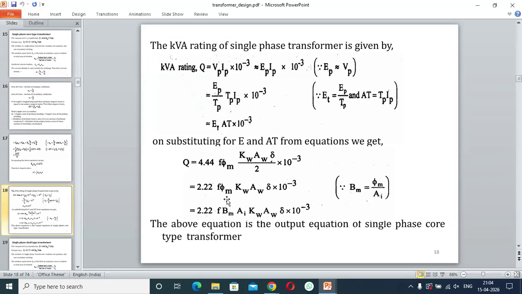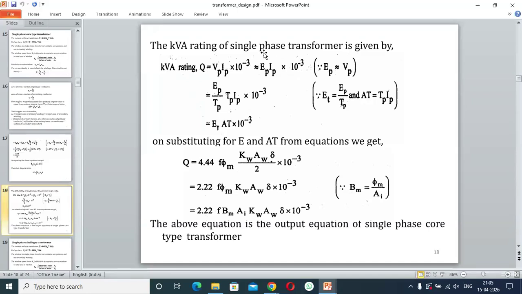Now we change this phi m, the flux, with flux density and area, so that will become 2.22 f Bm Ai kW Aw delta multiplied by 10 power minus 3. So the above equation is the output equation of the single phase core type transformer. These calculations we have done for the single phase core type transformer.